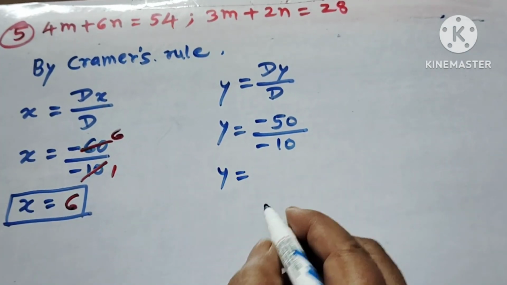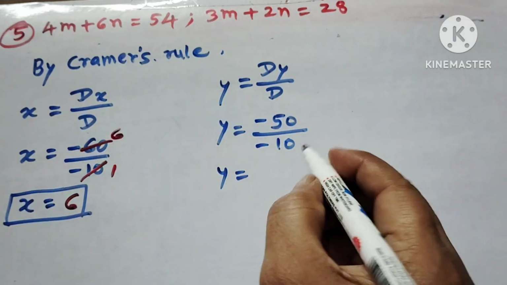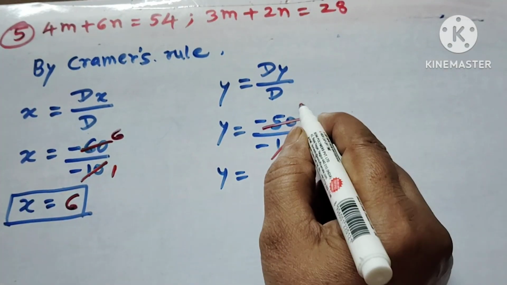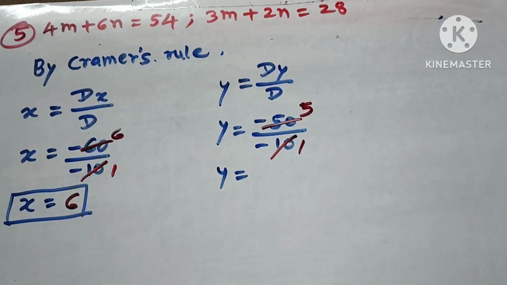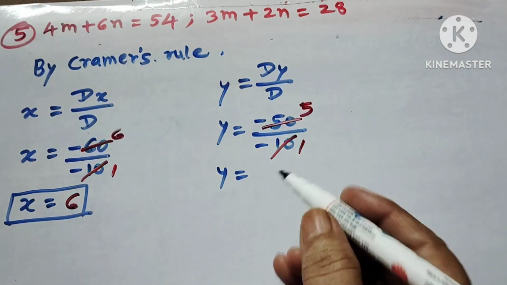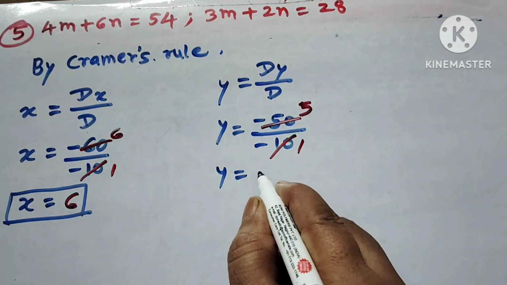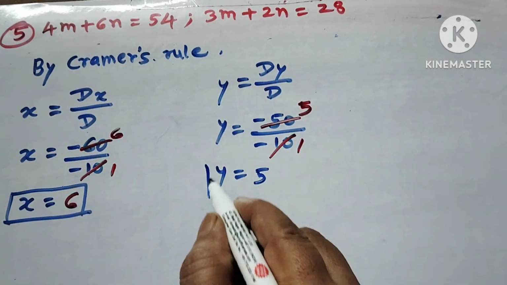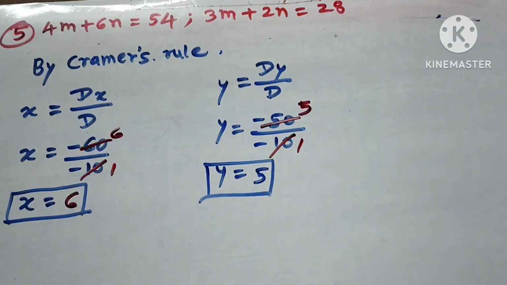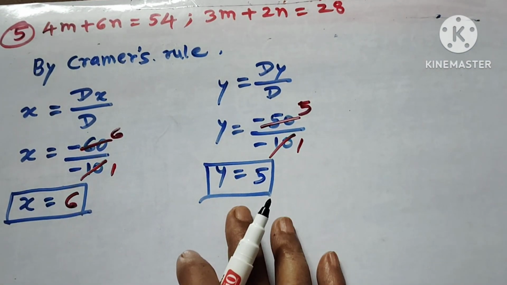Then y is equal to 10 ones are 10, 10 fives are 50. Minus minus plus. Then y is equal to 5. Value of y is equal to 5.